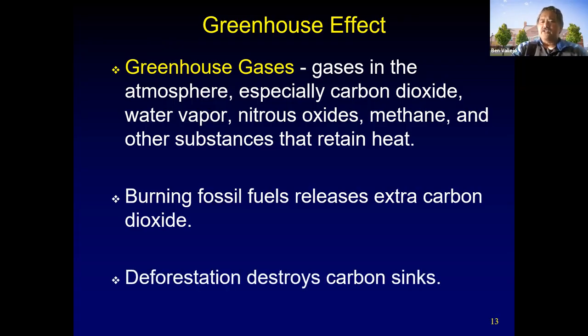Also, deforestation destroys carbon sinks, and that was especially a bad problem in the 1990s when people would go into tropical rainforests and just cut all those things down, burn them off, take the ashes, dig them into the soil, and grow some crops for 3, 4, 5 years.